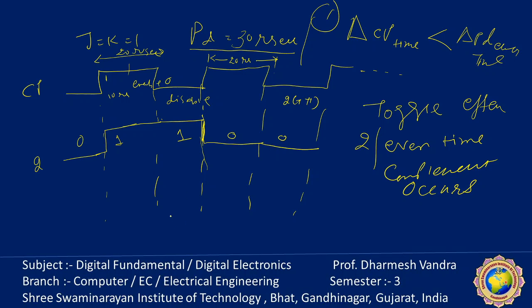The second solution, which we will discuss later, is called edge triggering. Edge trigger clock pulse is a concept where the flip-flop is active only when the edge trigger is generated.